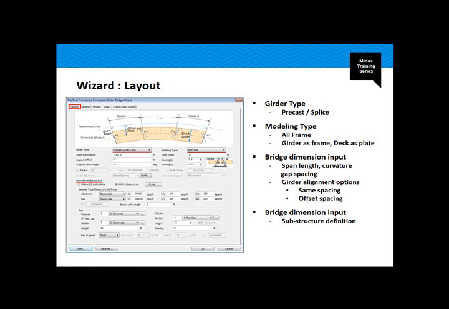It's up to you how the model is generated using the finite element, so you can choose here which type of modeling you want. You can insert the span information, the span length, the curvature, whether you have a radius, and the type of radius. Also, one of the important features is the substructure. You can model it or not. In this case, we're going to model it so you can have an idea of how it is done in the program. And here you have the different types of elements and sections that you input for the substructure.